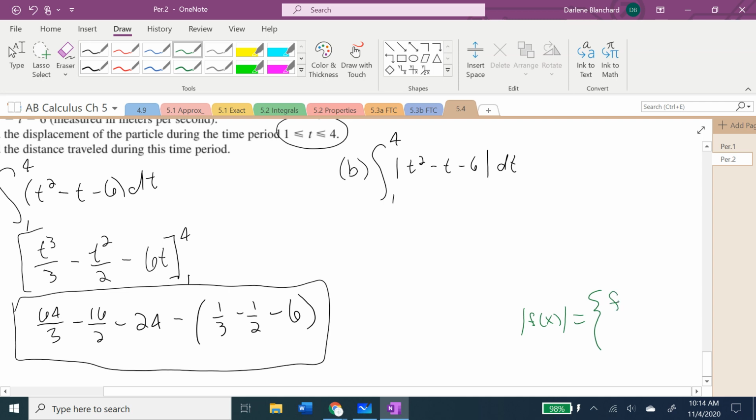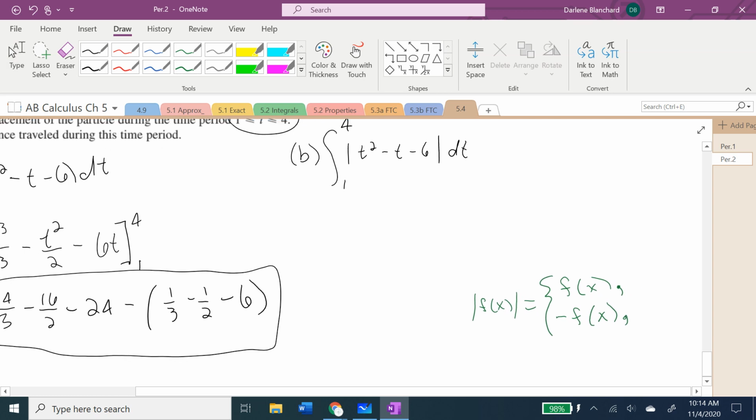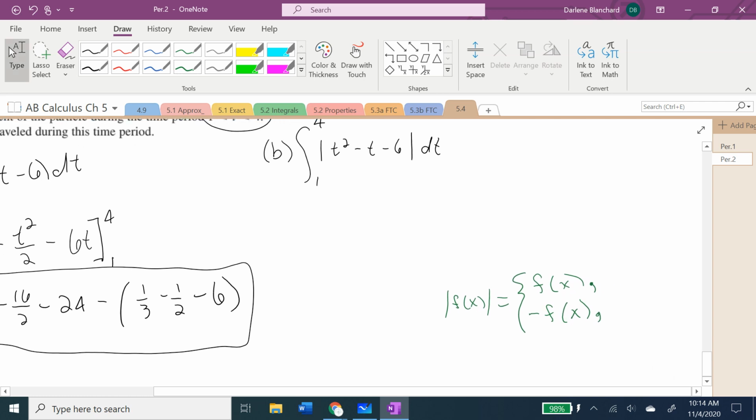It is either the positive value of that function or it is the negative value of that function. And that depends on whether f of x itself is positive or negative.